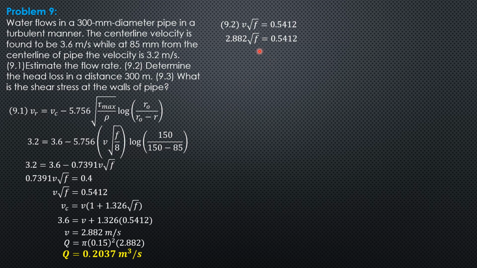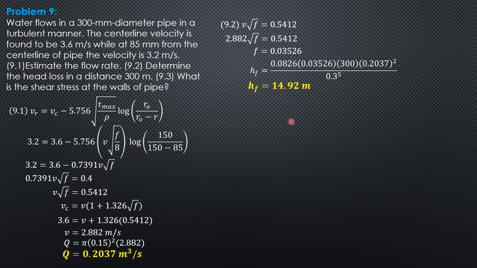So f is therefore quantity 0.5412 over 2.882 squared, and it is 0.03526. Substitute: hf equals 0.0826, friction factor 0.03526, length 300, discharge 0.2037 squared over diameter 0.3 to the fifth. So the head loss can now be computed, 14.92 meters.